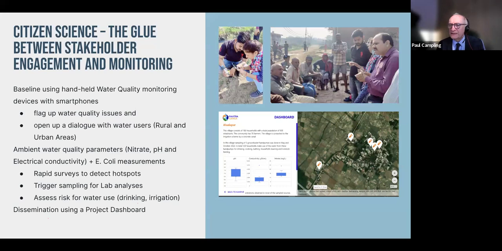And last but not least, with the use of smartphones and the internet, we can easily communicate the information that we collect in the field to the users, and so we've created a dashboard within the project so that end users can easily see what kind of information is being collected in the project.